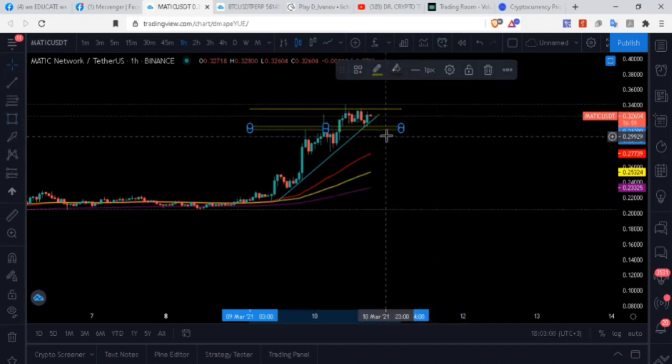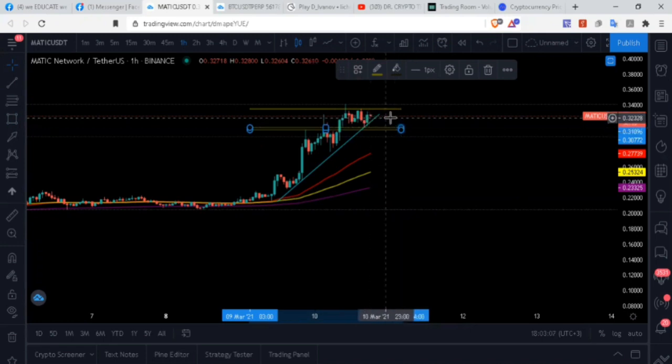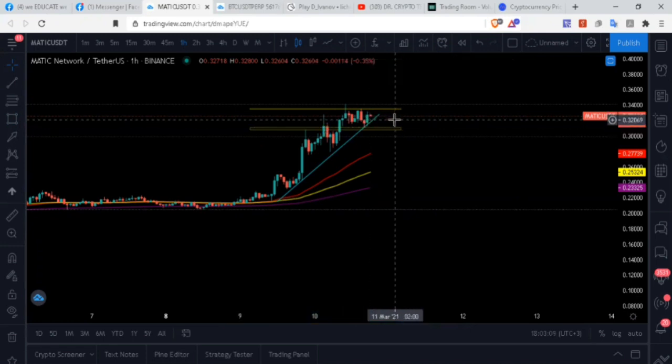Let's see if the price will respect this trend line. So we will not trade on the current price. We will wait to have a good risk to reward ratio.